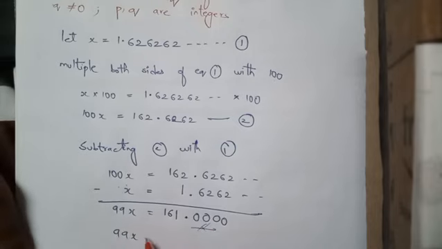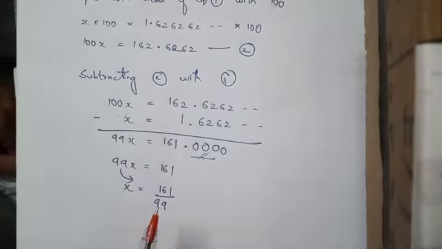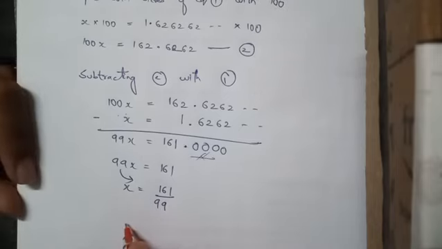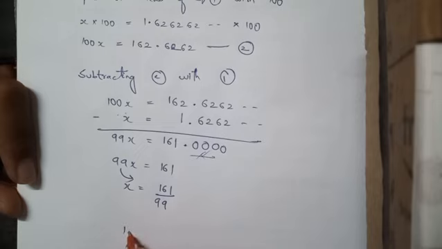So 99x is equal to 161, and x is equal to 161 by 99. We send 99 to the other side. So the p by q form of 1.62 bar is 161 by 99.